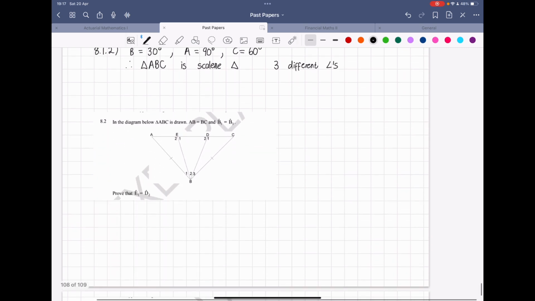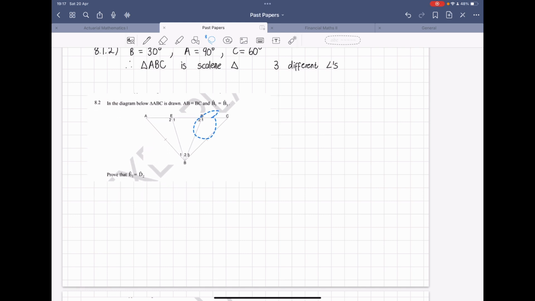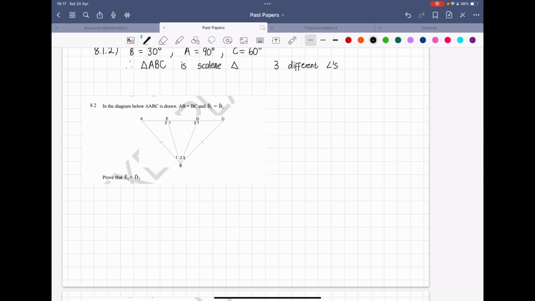Then 8.2. In the diagram below, ABC is drawn, and we're told that AB is equal to BC and that B1 is equal to B3. So these two are equal, and we're asked to prove that angle E1 is equal to angle D2.